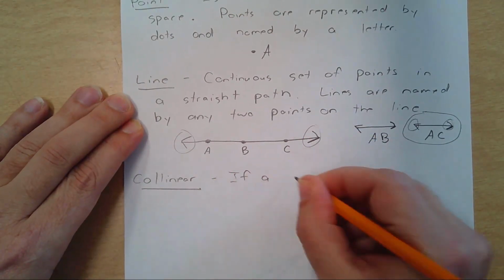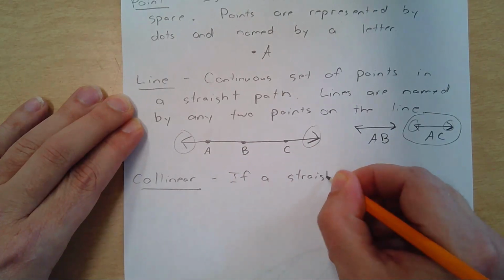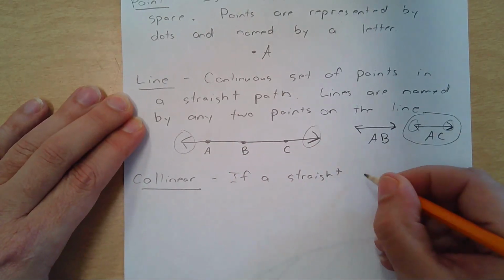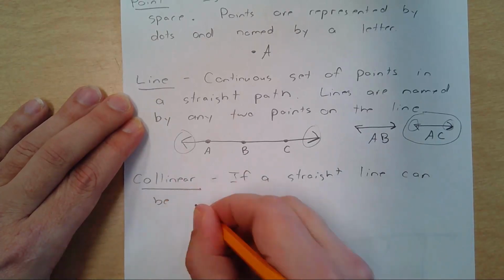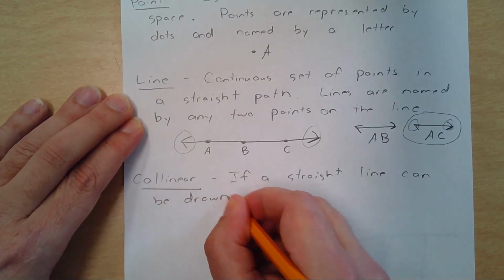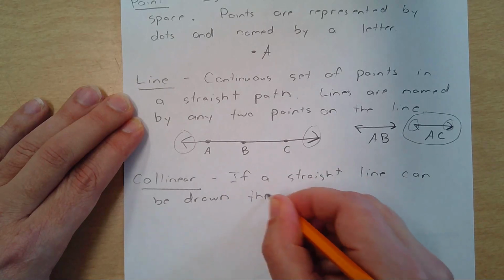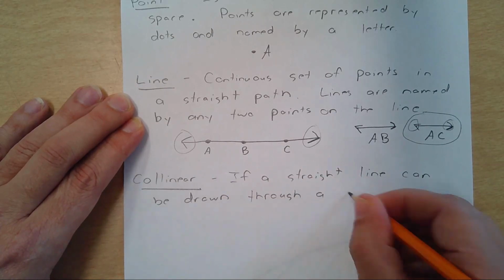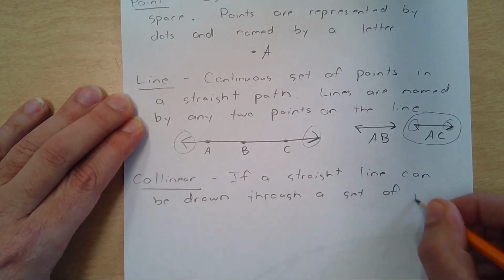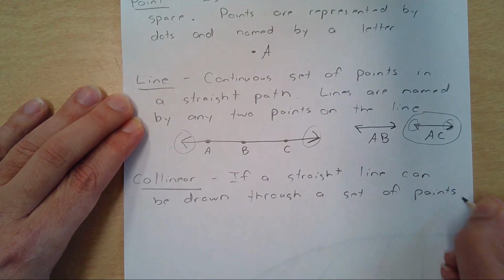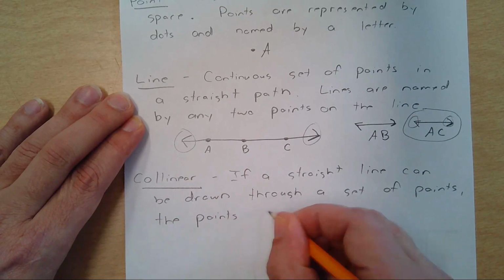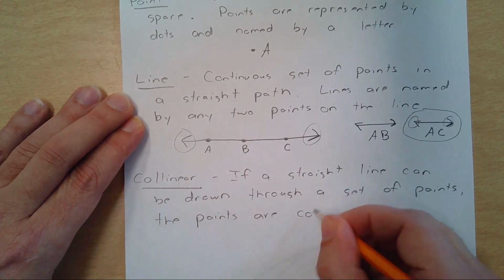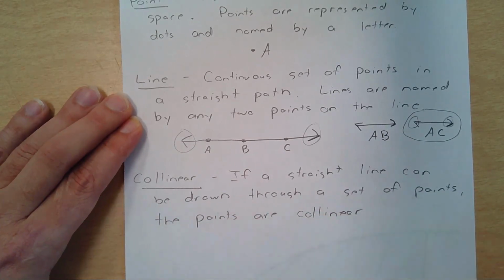If a straight line can be drawn through a set of points, the points are collinear.